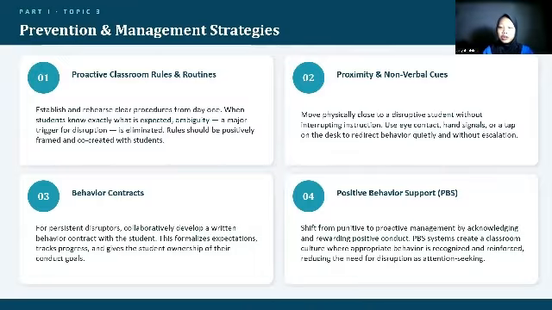2. Proximity and nonverbal cues. Move physically close to a disruptive student without interrupting instruction. Use eye contact, a hand signal, or a tap on the desk to redirect behavior quickly and without escalation. 3.